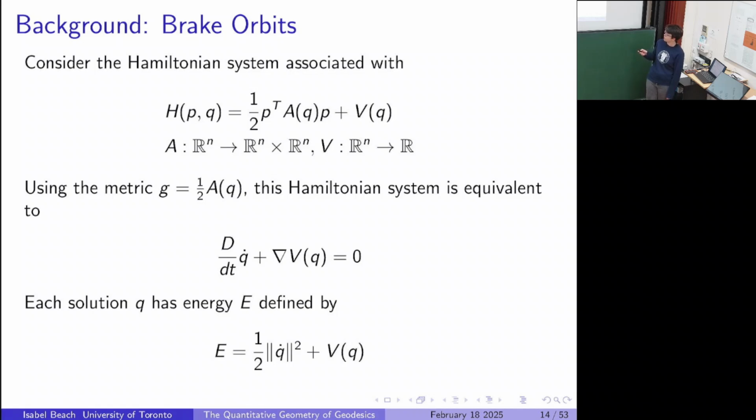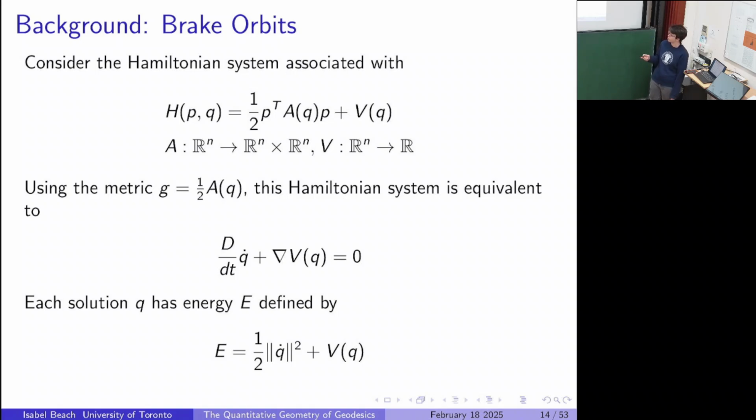If you use A as your metric, the solutions of this Hamiltonian system are equivalent to solutions of this equation, which you might notice is very similar to the geodesic equation with some potential V occurring, which might lead you to think correctly that these are related to geodesics.